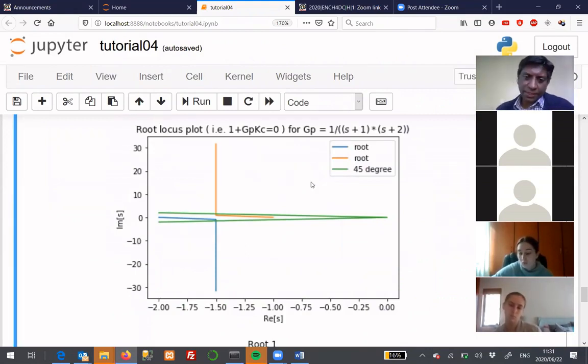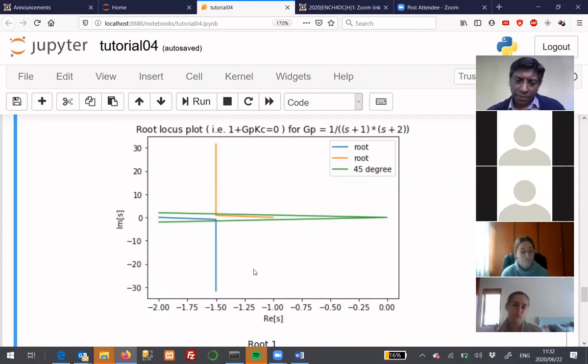The first thing we can say is that this process is always going to be stable. It never has a positive real part. Our smallest value for Kp is 0, which is here and here. And then as we go off to infinity in Kp, those roots just race off to minus and plus infinity in terms of the imaginary parts, and the real parts seem to stay at minus 1.5.